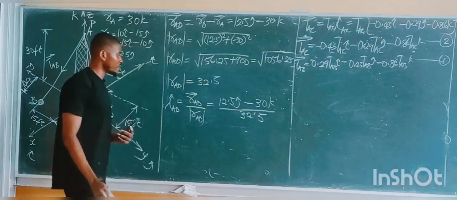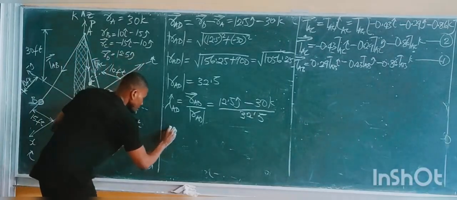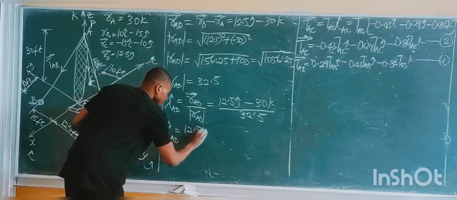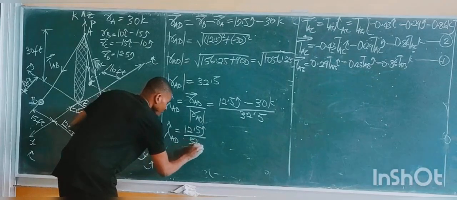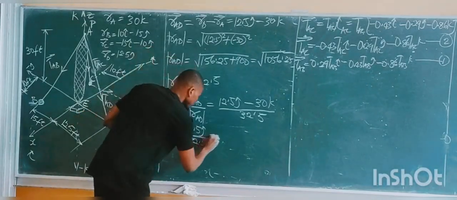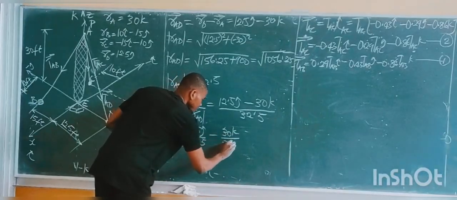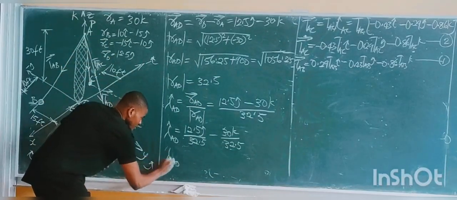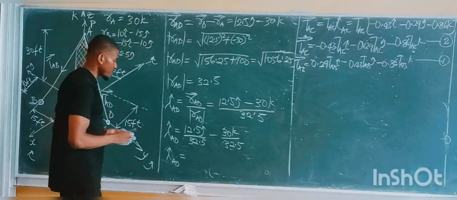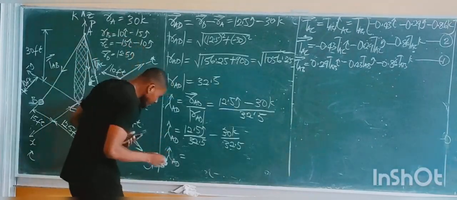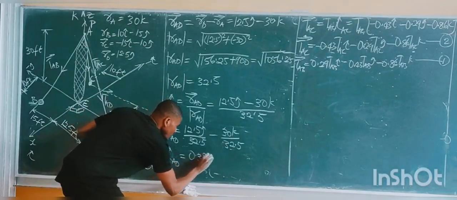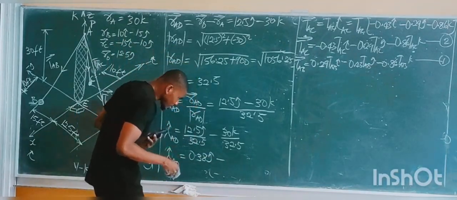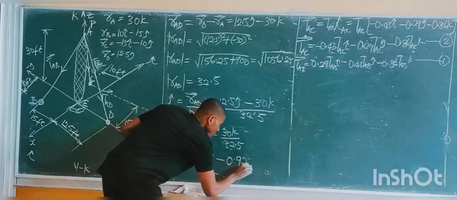You can also break this equation so that lambda AD is equal to 12.5J divided by 32.5, minus 30K divided by 32.5. So we obtain the value for the unit vector in cable AD. 12.5 divided by 32.5 gives us 0.38J, minus 30 divided by 32.5 gives us 0.92K.